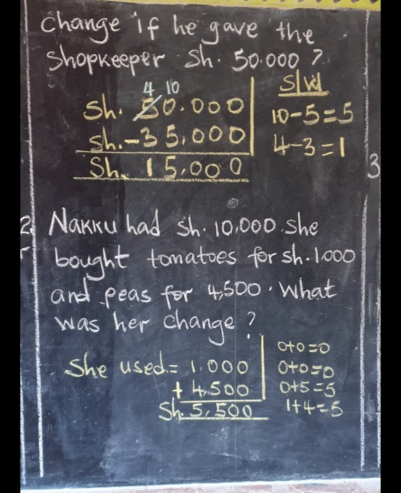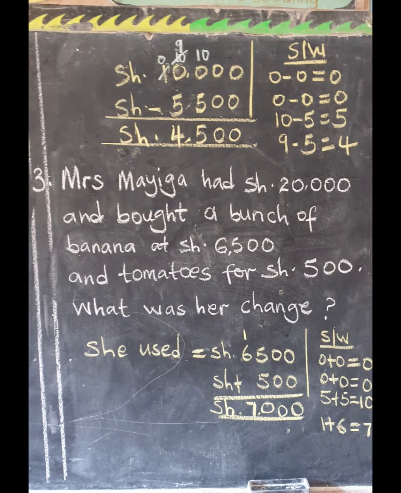That one is the total money she used to buy peas and tomatoes. So we shall go ahead and get what she had. Naku had 10,000, and then we take away 5,500 shillings she used.